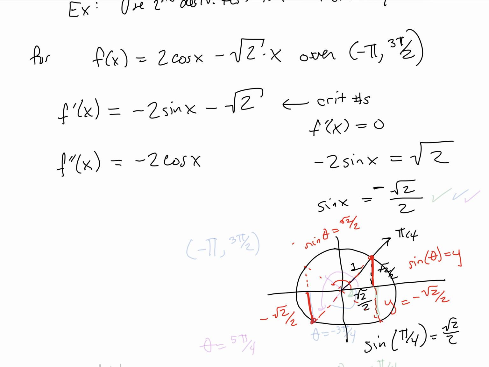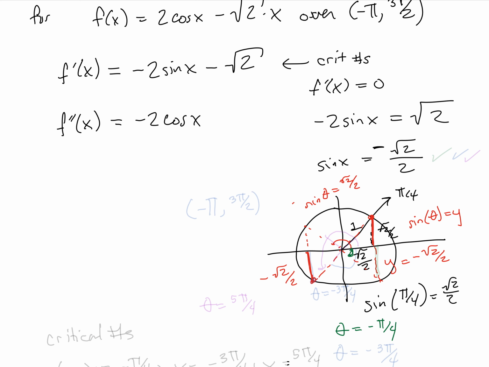So let's think about what each of those angles are equal to. One way of describing this angle is to say that theta equals negative pi over 4, because we were interested in all the way from negative pi up to positive 3 pi over 2. So negative pi over 4 will give us this y value of negative square root of 2 over 2. So that's one value for x that solves that equation.